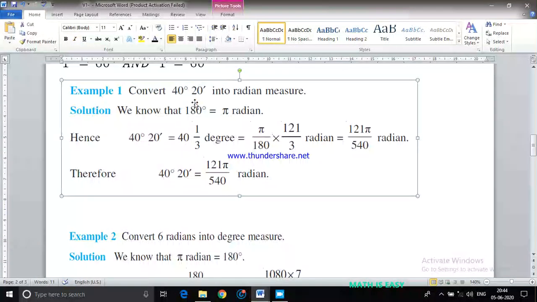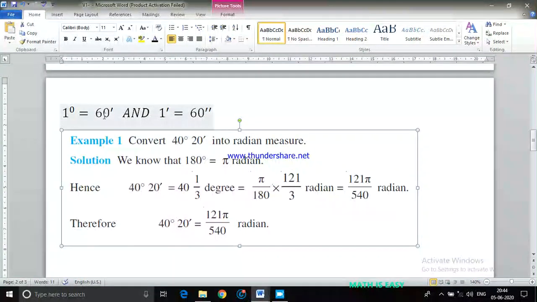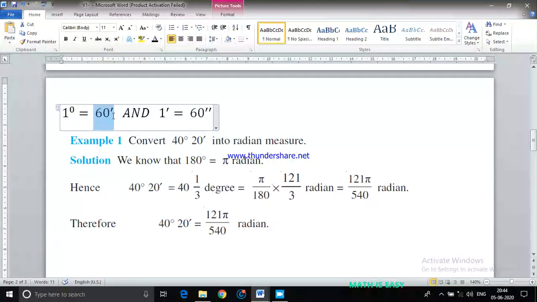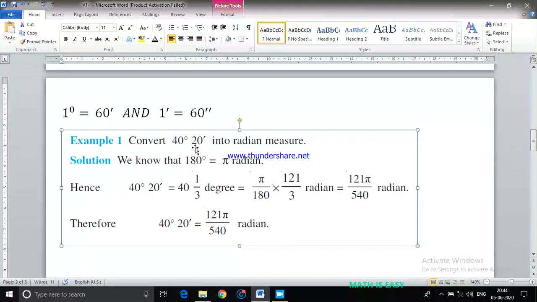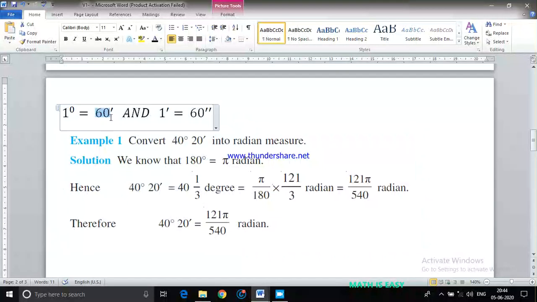So these are the examples: convert 40 degrees 20 minutes into radian measure. So they are given in degrees, they ask you to convert into radians. Now I know 1 degree is 60 minutes, but here they have given only 20 minutes. So 20 minutes means 1/3 of 60 minutes.